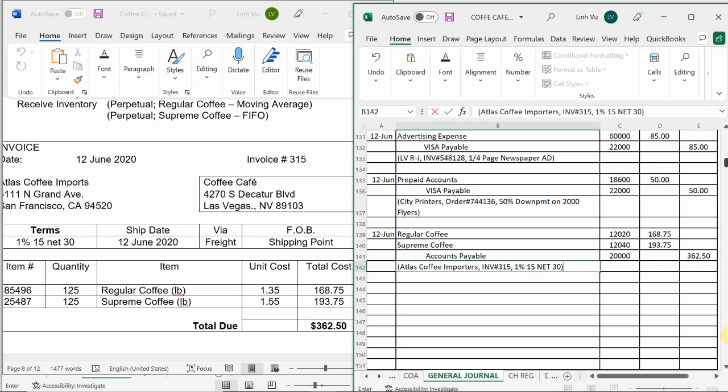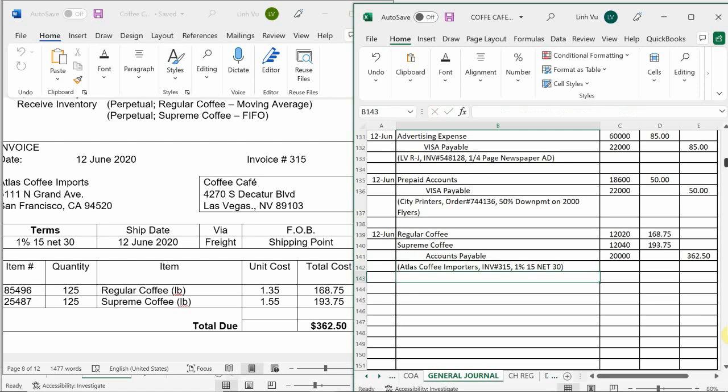So in this case, there you go. That's all the information I need. You don't need to say I bought this many pounds of coffee, because that's going to be in your inventory worksheet. Because we just bought inventory, right? That information is going to be saved for your inventory worksheet. Right here, this is just getting the general idea.